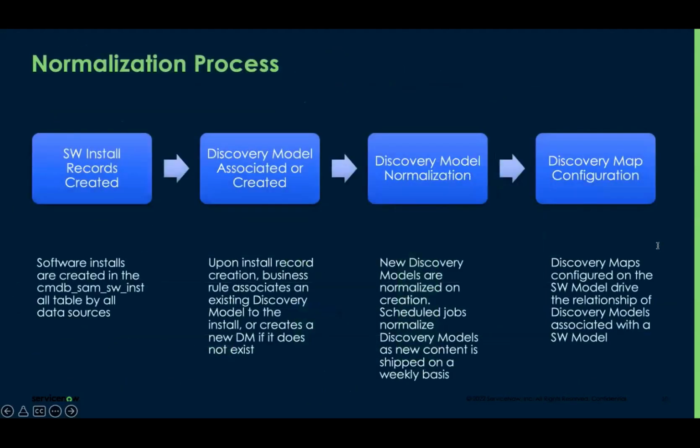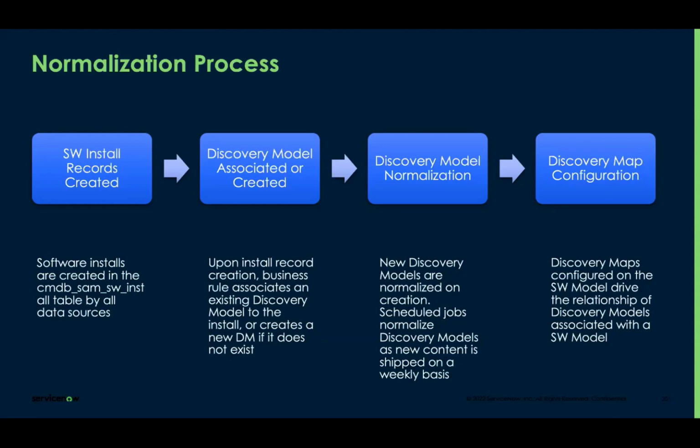Let's jump back to the normalization process, and maybe you can walk us through an example or just explain how data coming in is being normalized. Yeah. This is specific to software installations, but we get that from possibly multiple data sources, if you've got Discovery, SCCM, Jamf, possibly the agent client collector with Discovery.